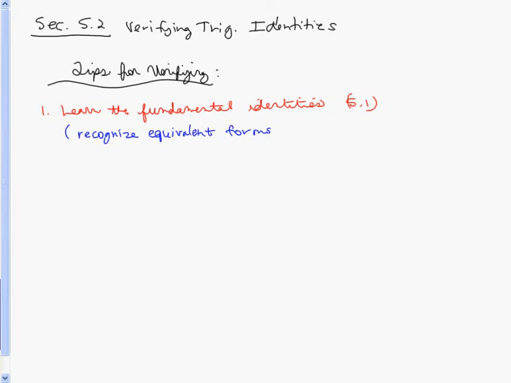For example, you should recognize that 1 minus cosine squared of x is indeed sine squared of x. That's the Pythagorean identity rearranged.